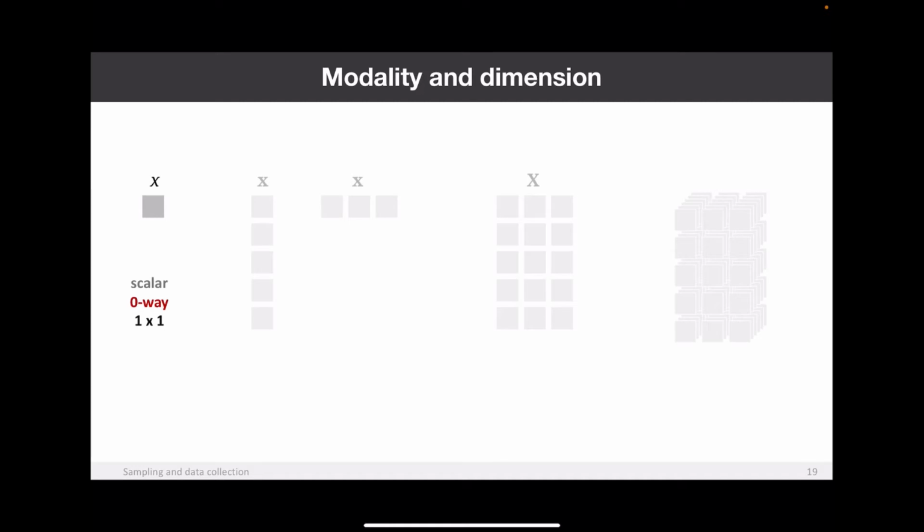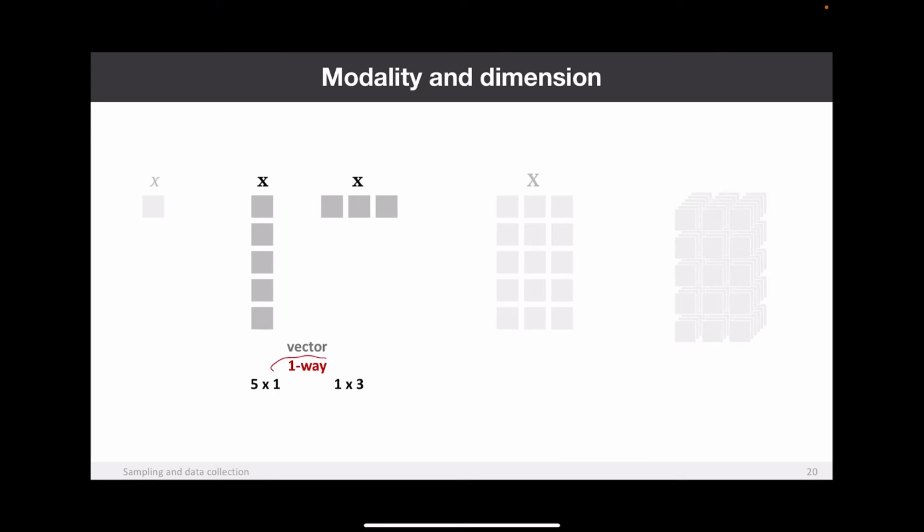Okay. Then if you take measurements for many individuals, or maybe you take measurements for one individual and many time points, or one individual and many variables, then you have a certain sequence of values. And usually we organize the sequence either as a column or as a row. In this case, we are talking about one-way data.